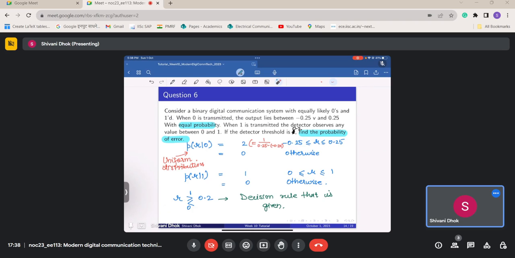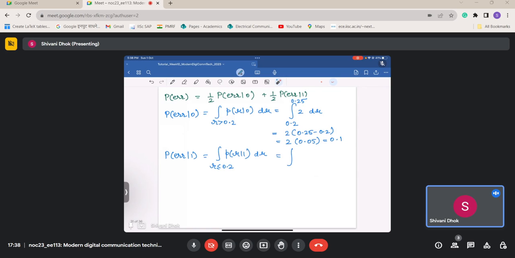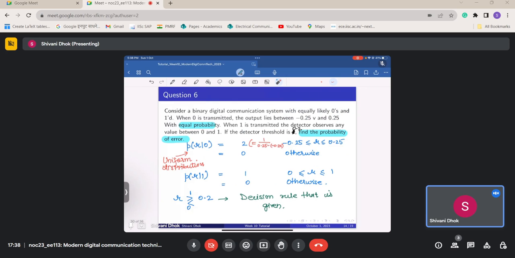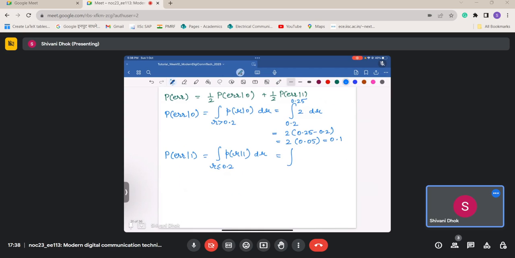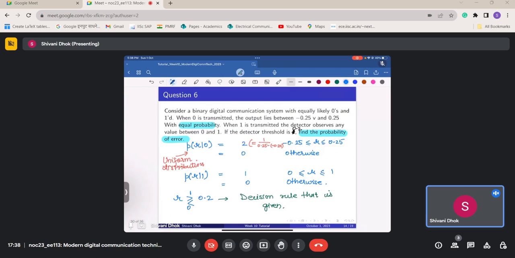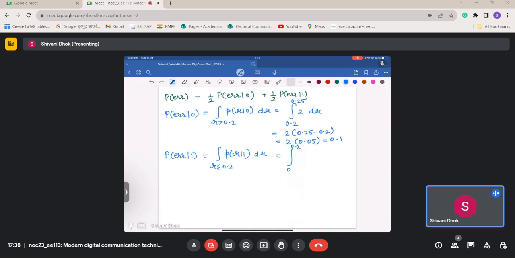So what we are integrating is over a region where R is less than 0.2. So this will be non-zero only when we are integrating over a region of 0 to 0.2, multiplied by 1 dr. So this comes out to be equal to 0.2.